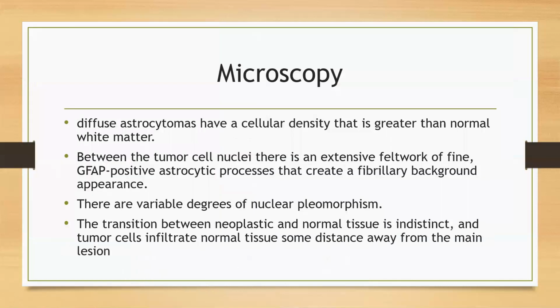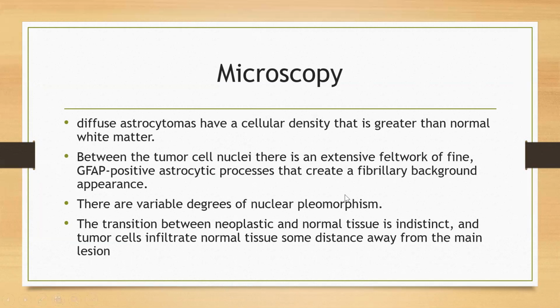Talking about the microscopy of diffuse astrocytoma, they have cellular density that is greater than normal white matter. Between tumor cell nuclei, there is an extensive meshwork of fine GFAP, glial fibrillary acidic protein positive, astrocytic processes that create a fibrillary background appearance. There are variable degrees of nuclear pleomorphism.